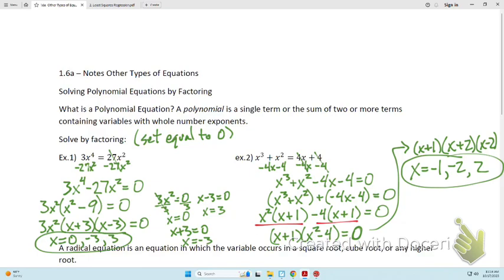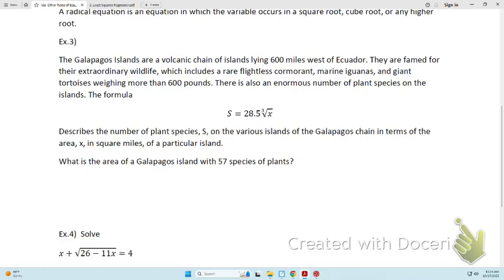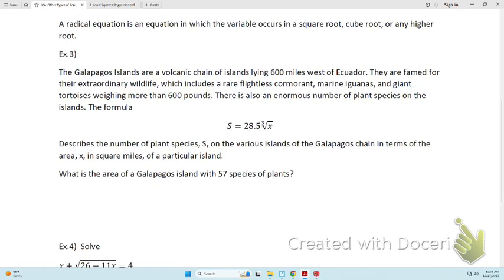All right, let's try number 3. We've never solved one quite like this before, but read it and give it a try. Maybe hit pause. What I like to do is when I see the equation, or sometimes there's not an equation, I skim through the paragraph and I write down the variables on the side.